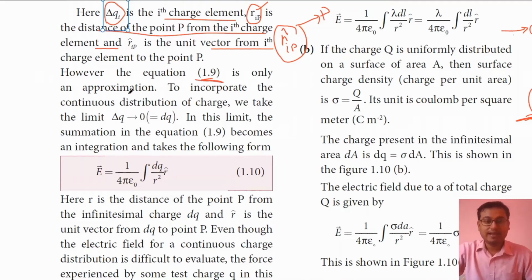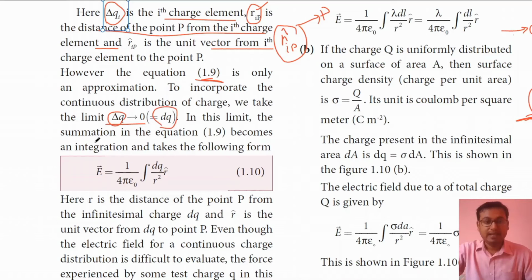However, the equation 1.9 is only an approximation. To incorporate the continuous charge distribution, we take the limit delta q tends to 0, means the regions are being made as small as possible. So in that situation del q will be converted into dq.